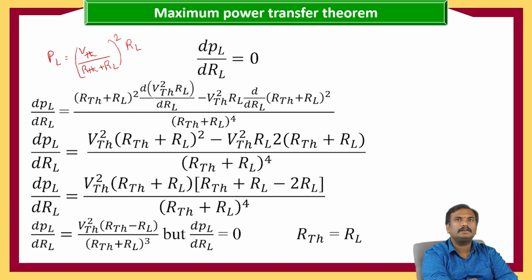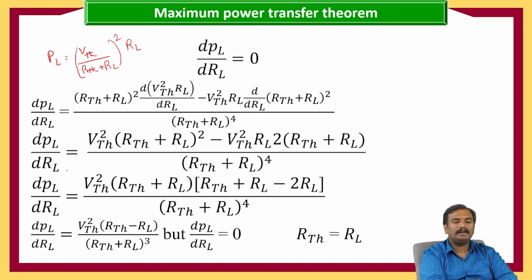U dash is d of VTH square into RL by dRL, minus VTH square into RL, that is U into V dash, into d by dRL of RTH plus RL whole square, divided by V square, that is RTH plus RL whole power 4.